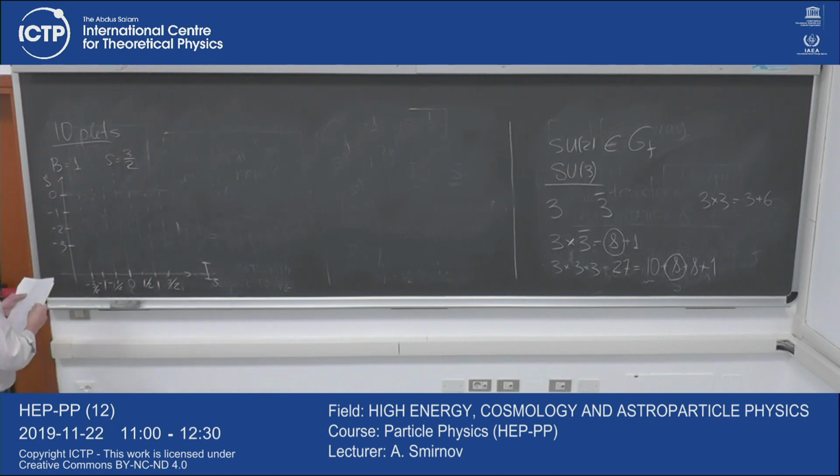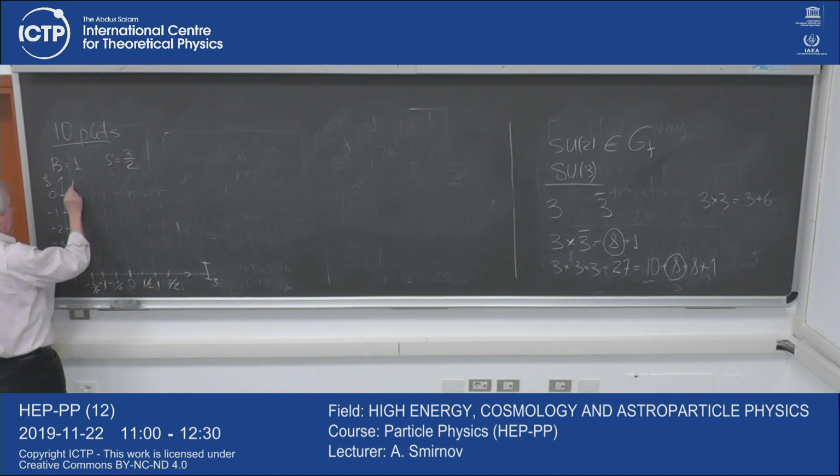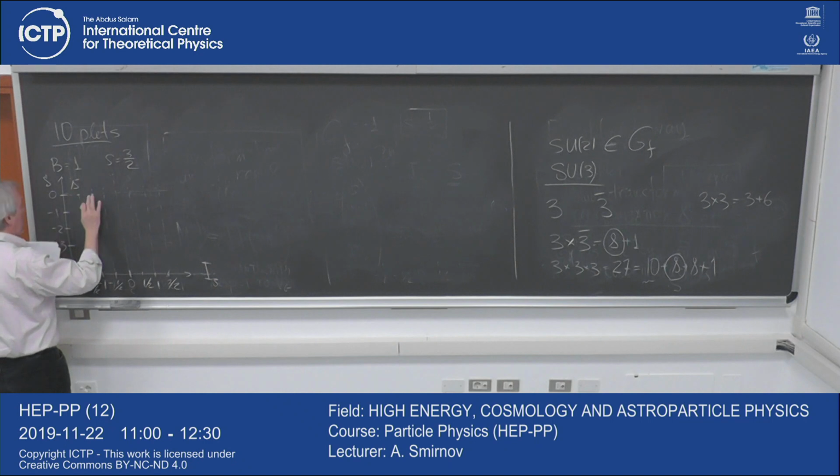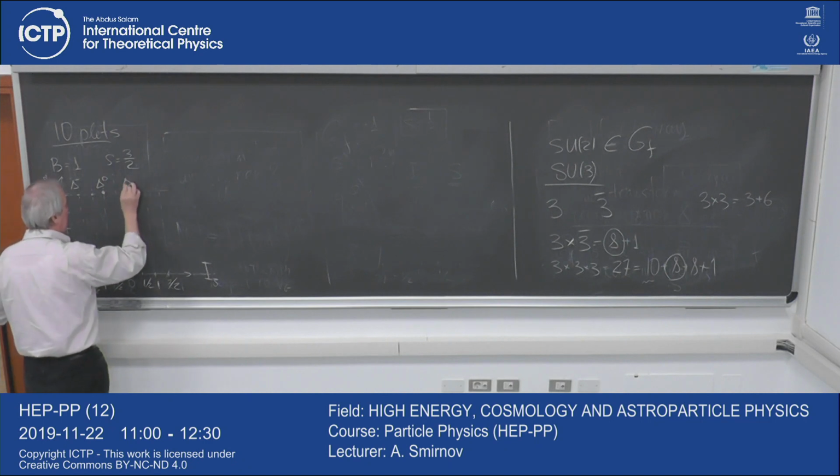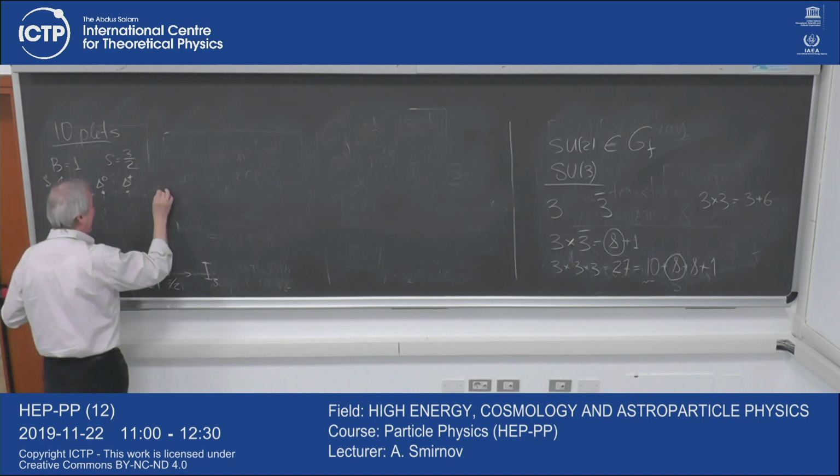So here we have the following particles: delta minus, delta 0, delta plus, delta plus plus.